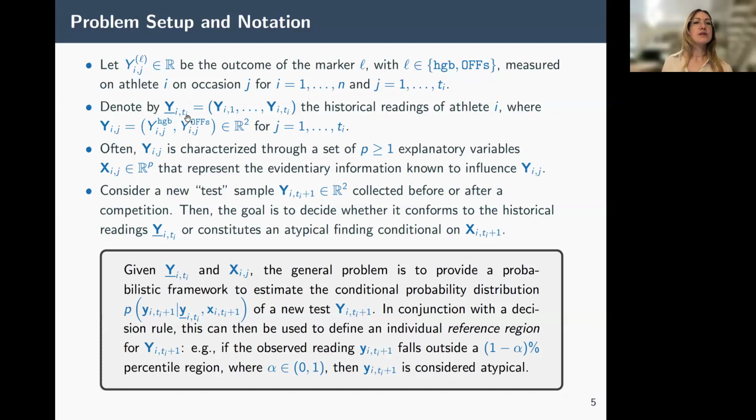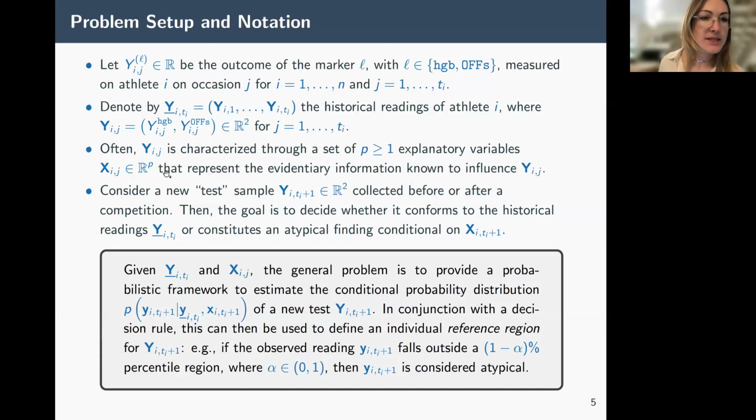Let's also consider the whole history of readings for athlete i as Y_i, and let's assume that this Y is defined based on these two biomarkers, and the bold notation denotes both of them. So we are in the R^2 space.